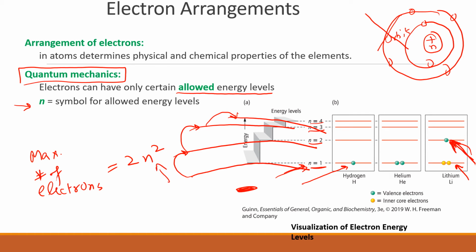For example, if we want to calculate how many electrons can be on the first level, n equals 1 for the first level, so the maximum number of electrons will be 2 times 1 squared, which is 2. So it means on the first level, the maximum number of electrons which can be present is 2. So the first level cannot hold more than 2 electrons. If an element has more than 2 electrons, the first 2 electrons will be on the first level, and then the remaining electrons have to go to the next level.